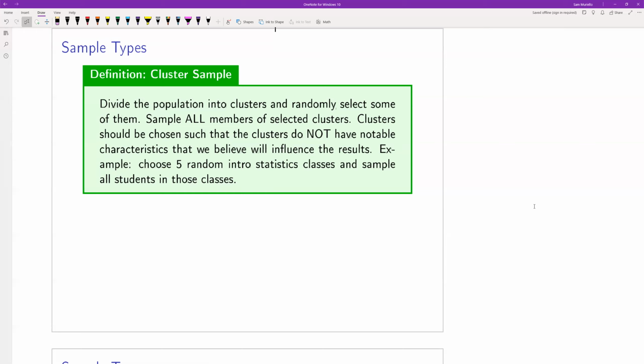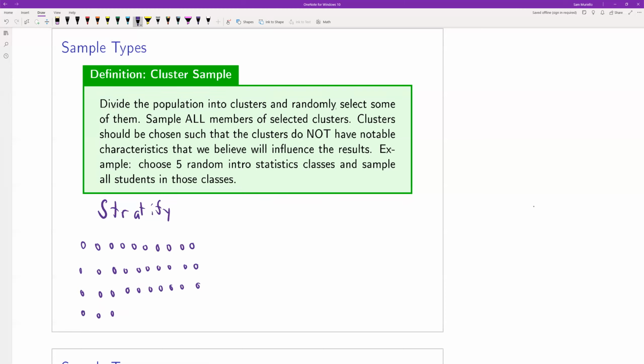Now, let's do a visual example here to show the difference between cluster and stratify. For stratify, in both of these examples, let's suppose we have 40 individuals.